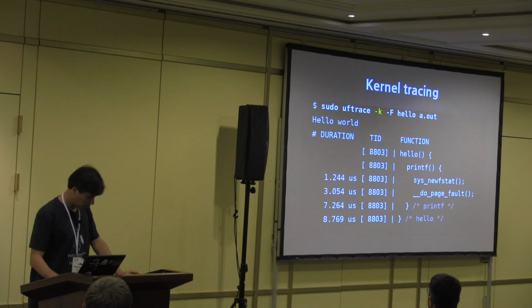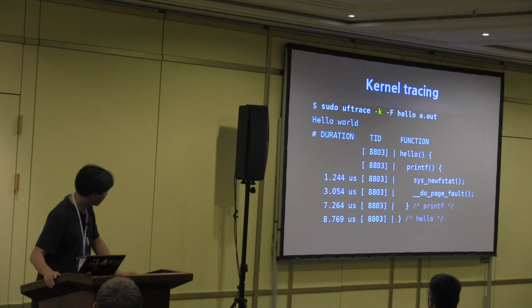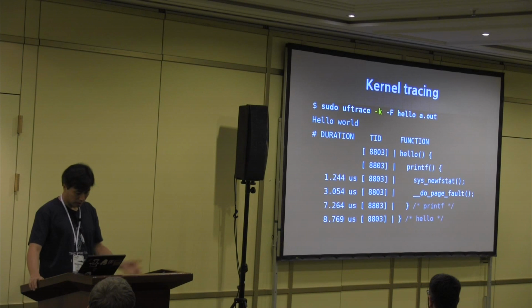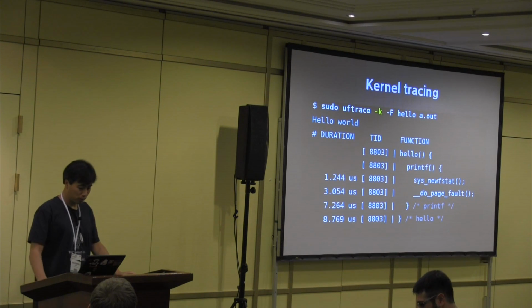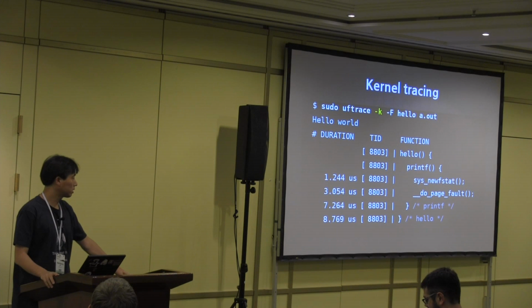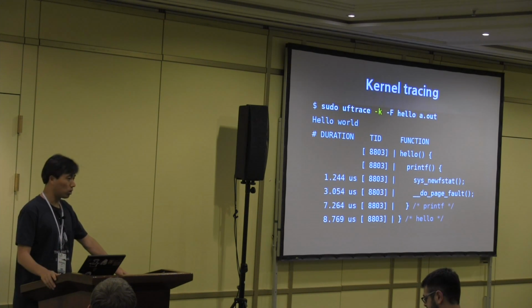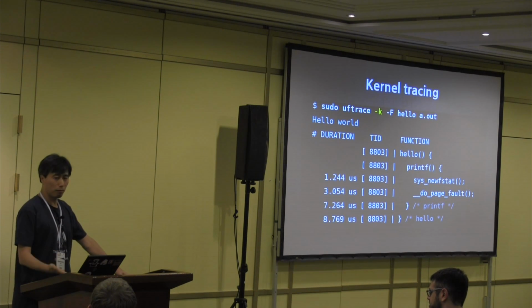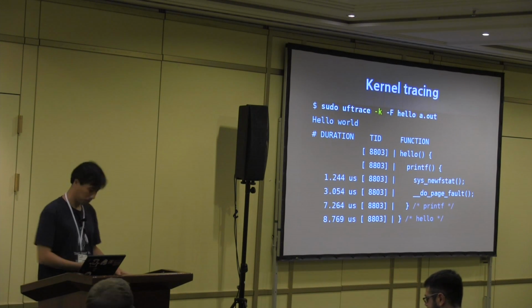So in this case, printf calls write, and there's a page fault during printf. But as you know, printf just buffers, so it doesn't call write. But if you add a flush or turn off the buffering, you can see it calls this, writes this code.